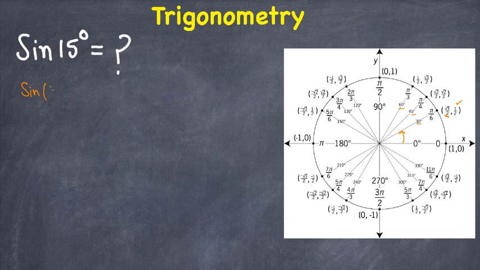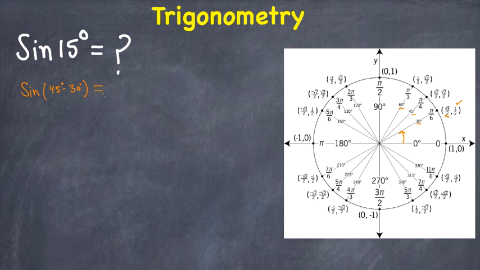How? So how about 45 degree minus 30 degree? Sorry, 15 we needed. Okay, my mistake. So 45 minus 30 degree. So that will give you 15 degree.